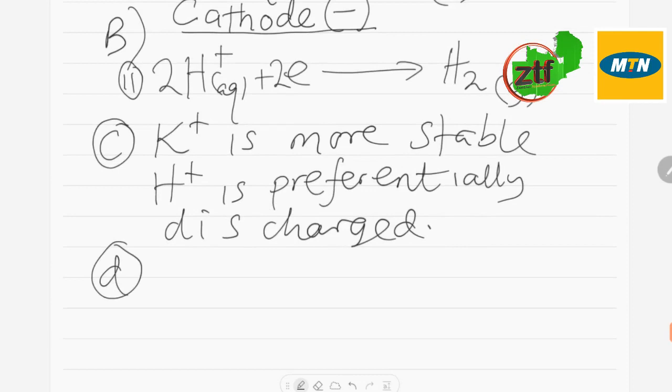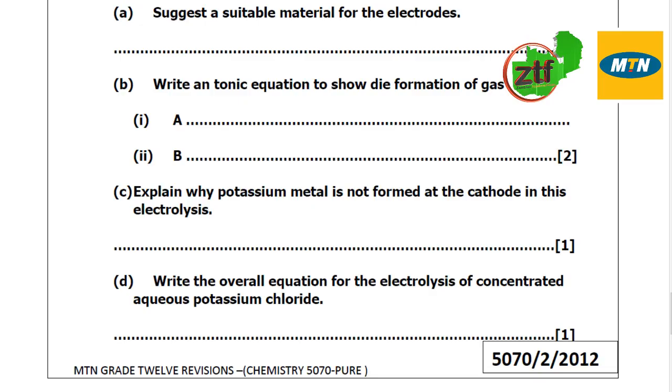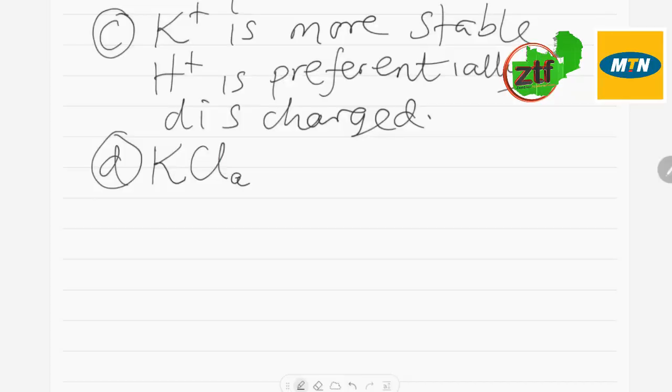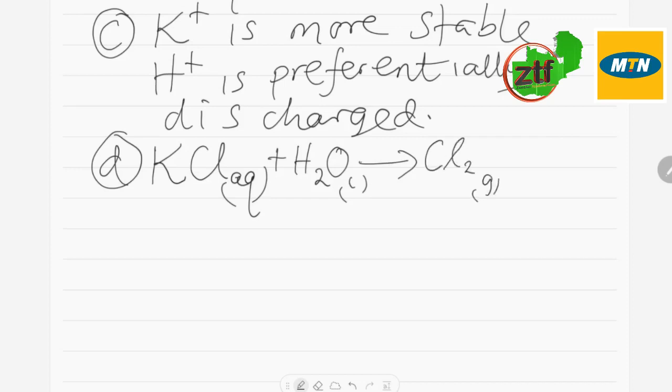D. Write the overall equation for the electrolysis of concentrated aqueous potassium chloride. So remember, we've got potassium chloride aqueous in water. We've already discussed the two gases produced: chlorine gas and hydrogen gas.